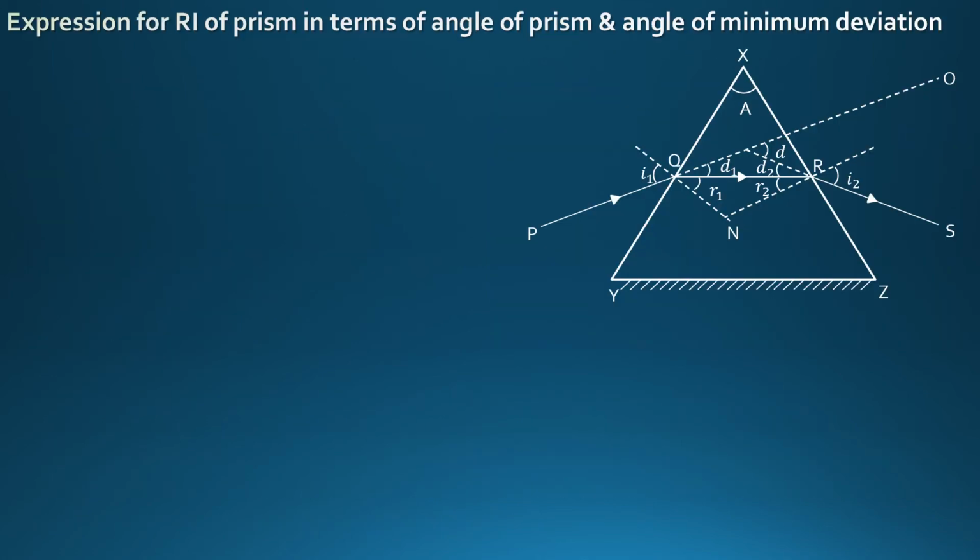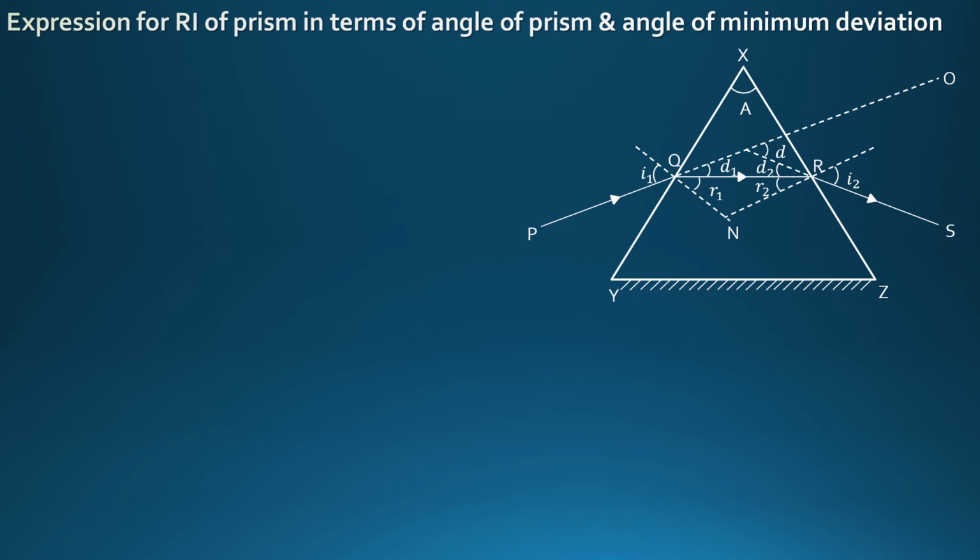Now, let's derive the expression n is equal to sin((A plus D) by 2) upon sin(A by 2). Or they may ask: derive the expression for the refractive index of a prism in terms of the angle of the prism and the angle of minimum deviation.